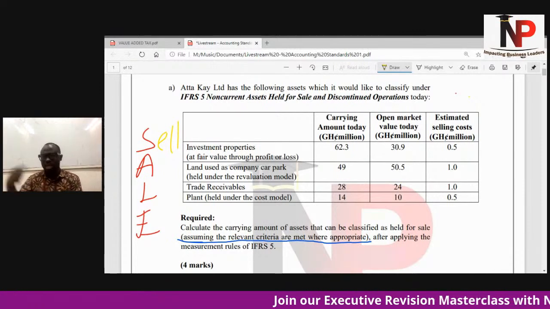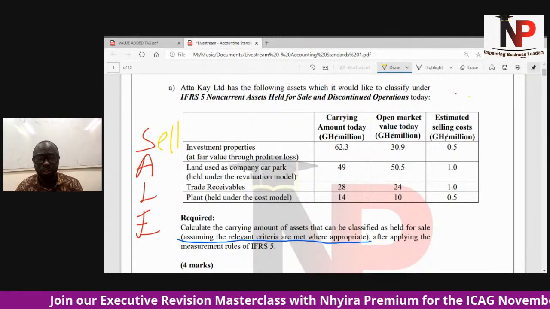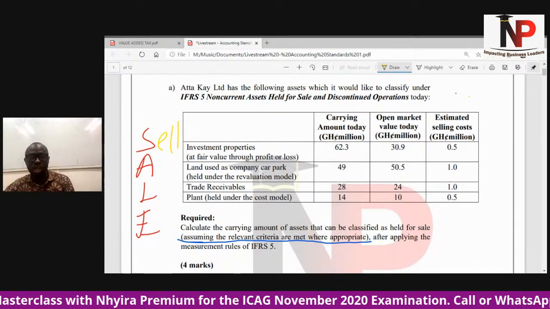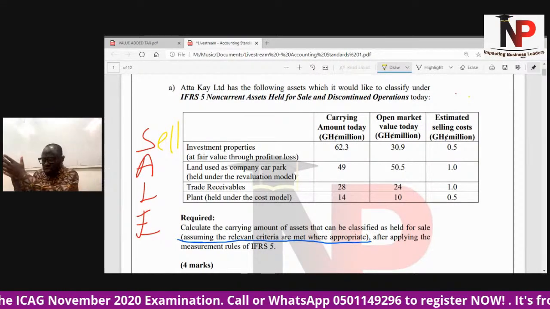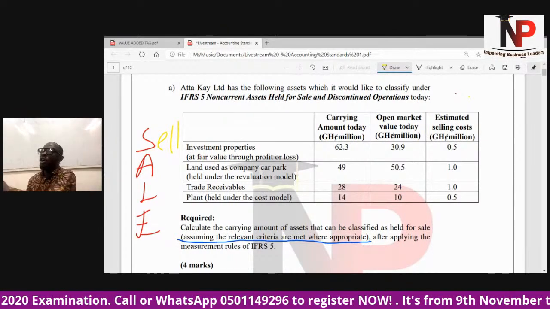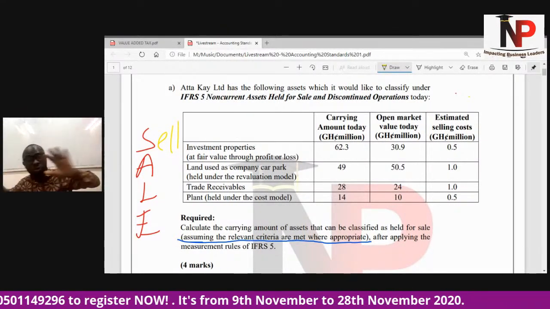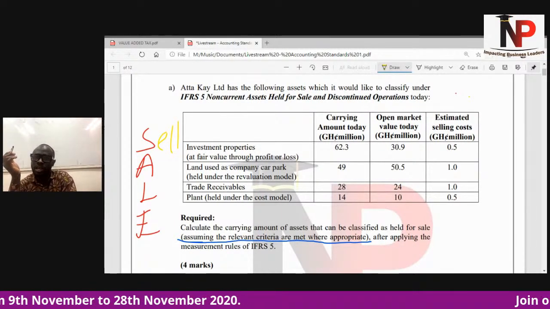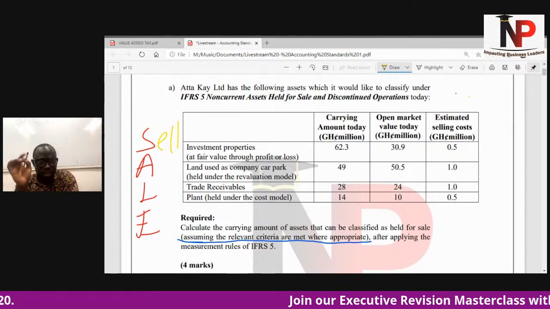So in that case, the asset will still be there and we will still continue to charge depreciation on the asset. Why? Because it is in a working condition book. But if the company is not saying that we are resting this asset because of the economy and we will come back and use it again, and we just want to sell it, then the first recognition criteria has been met. So the S there means sell.